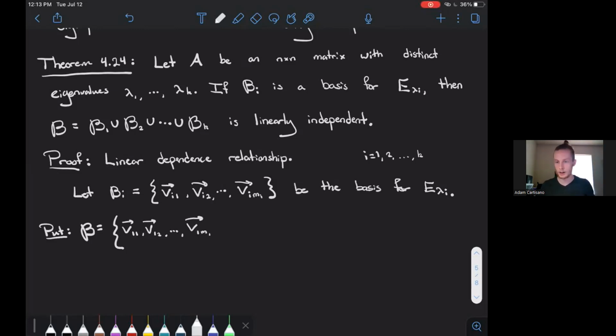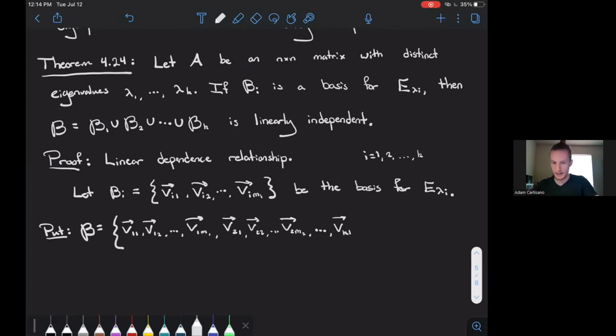It's m_1, right? Then v_21, v_22, all the way up to v_2 m_2. Again, I don't know what the dimension of the second eigenspace is, but it's m_2, whatever it is, and so on, all the way up to the very last one, which is v_k1, because after all, there are k eigenvalues, and corresponding to each one is an eigenspace.